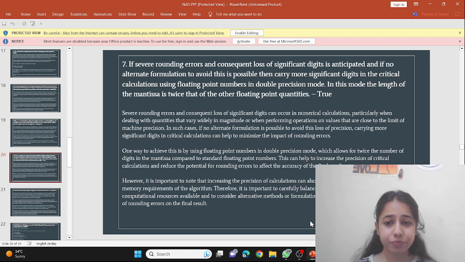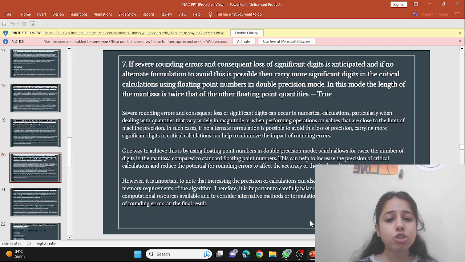Seventh question is, if severe rounding errors and consequent loss of significant digits is anticipated and if no alternate formulation to avoid this is possible, then carry more significant digits in the critical calculation using floating point numbers in double precision mode. In this mode, the length of the mantissa is twice that of the other floating point quantities. This is also true.